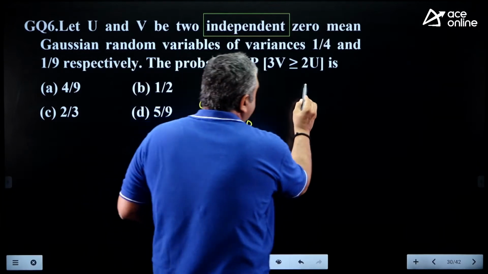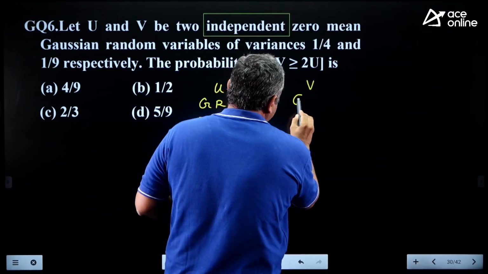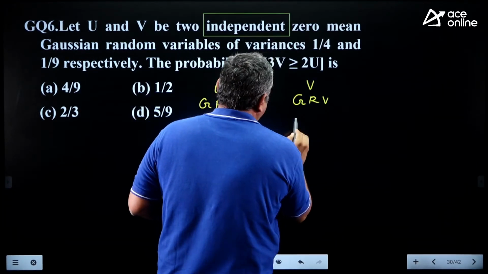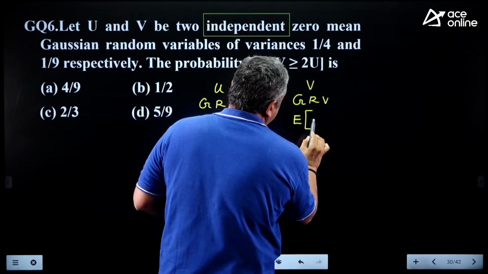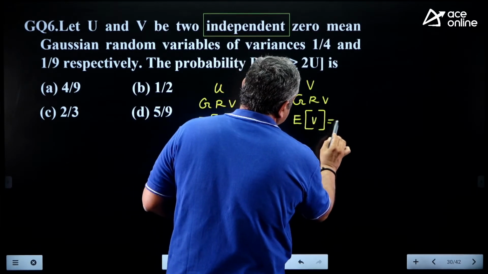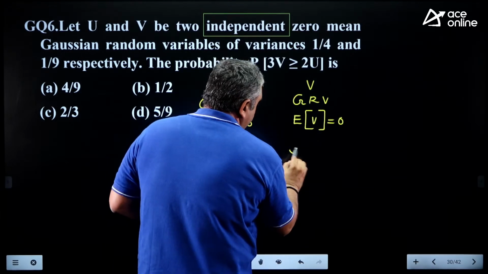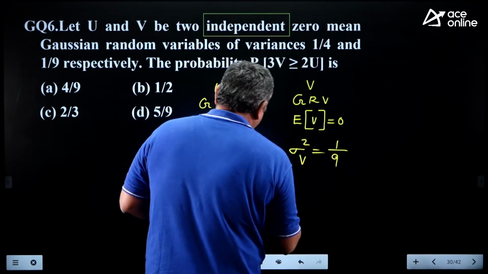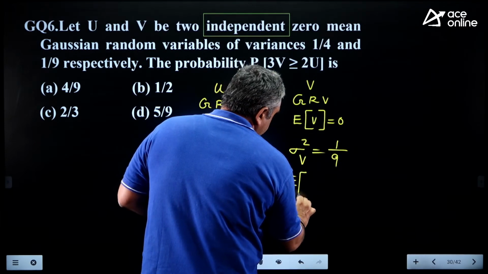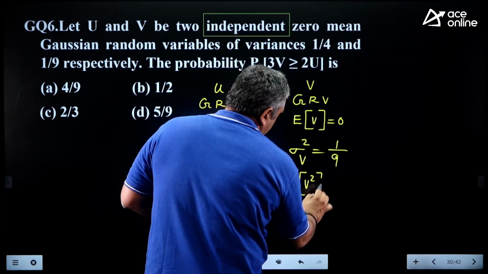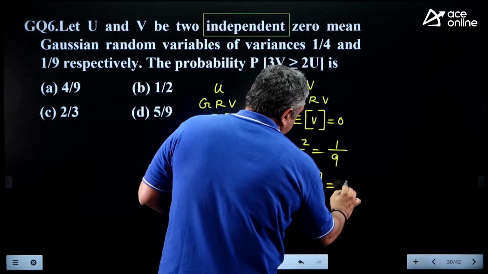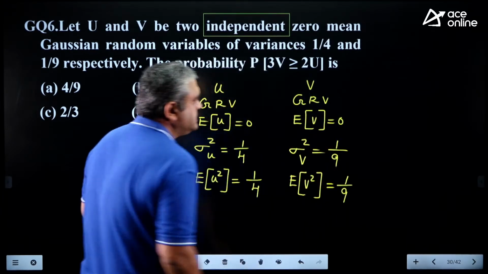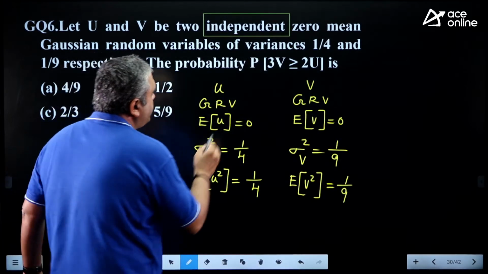Similarly, other random variable is v, which is also a Gaussian random variable. Again the data is mean value of this random variable is 0 and variance of this random variable is 1 by 9. And obviously mean square value and variance will be same whenever mean becomes 0. That's all. Along with this, what is the other point?